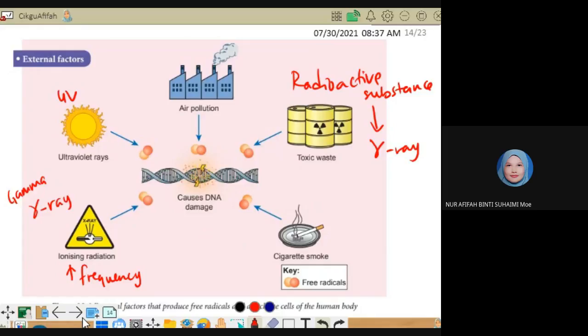Air pollution, exposure to the sunlight or ultraviolet ray, ionizing radiation from the cigarette smoke, that is external factor that will produce free radicals. Okay. Free radicals ni dihasilkan daripada proses oxidation. Okay, oxidation process, which is a chemical reaction that lose electron.